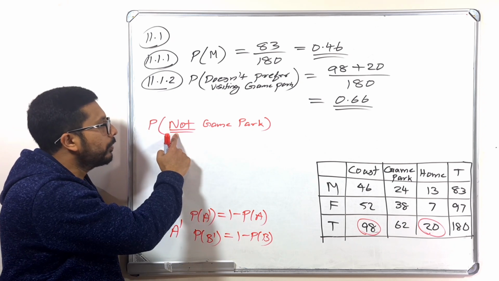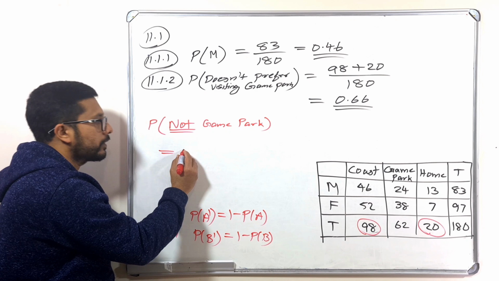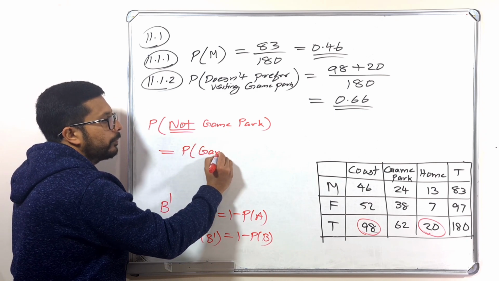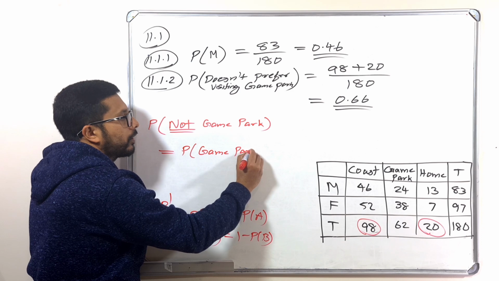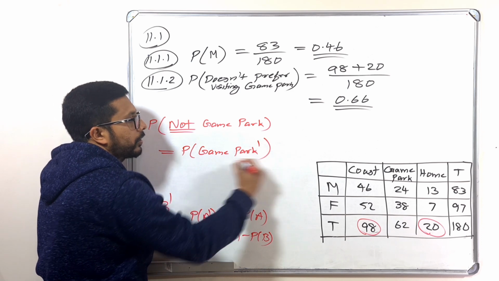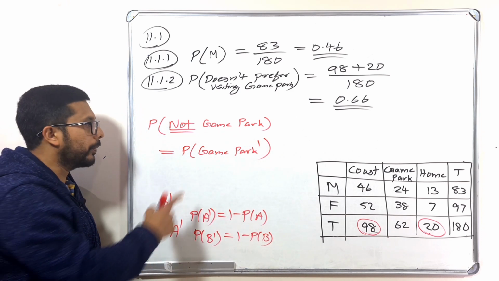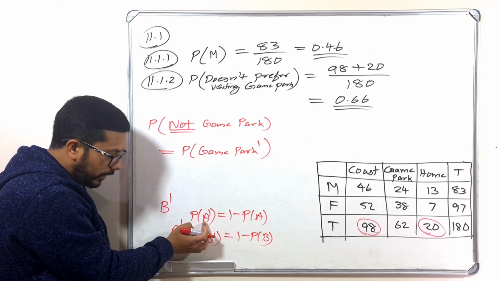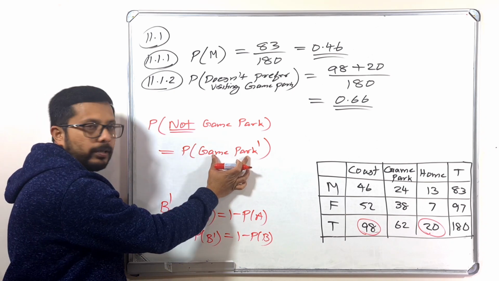So probability of not game park is the same as probability of game park complement. Instead of A, it is game park. That's all.